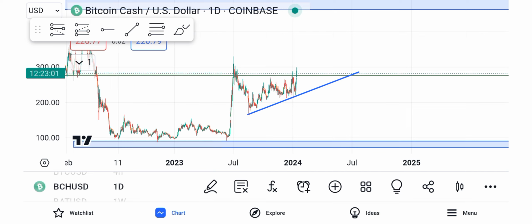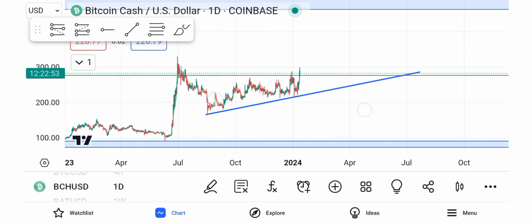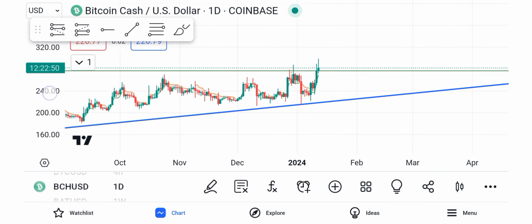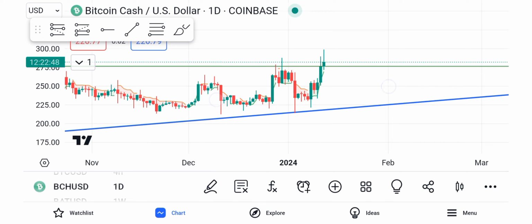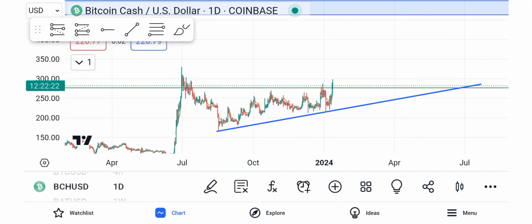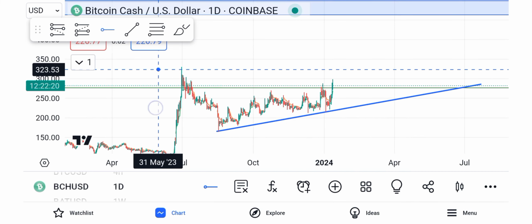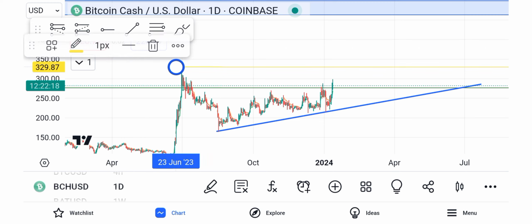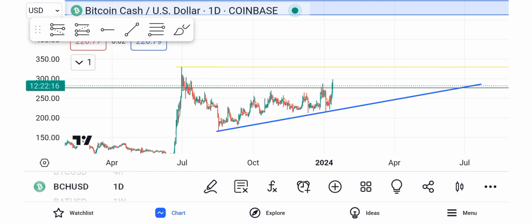We're headed down to form a double top and then break of neckline, retest, and bam, creation of the second leg. But up until then, we are still bullish on Bitcoin Cash. We are still bullish. If we will be able to break this level, I think that will be a pretty good sign for the buyers.